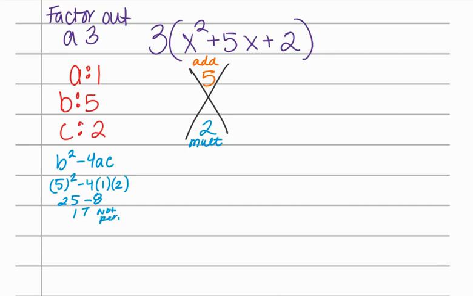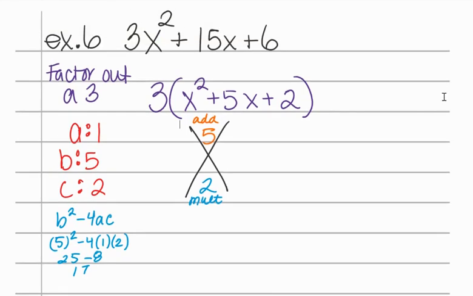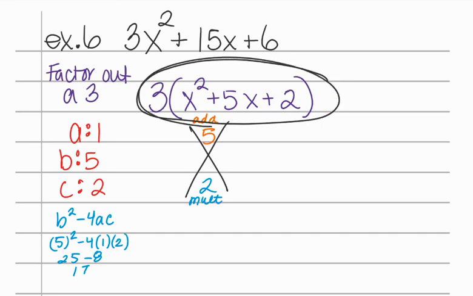It is not perfect, which means that this expression cannot be factored any further as of right now. Now, that doesn't mean you couldn't do anything, because if you notice, we did factor out a 3. All that means is this is our final answer right here. Okay?